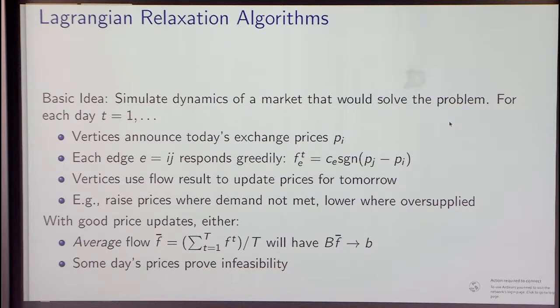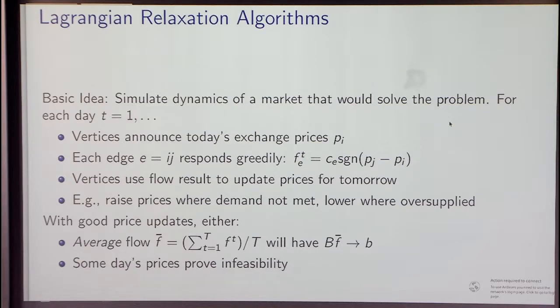Then the vertices in response are going to use those flow results, or actually they don't need to know the actual flow, they just need to know how much they bought and sold. They're going to use those to update the prices for tomorrow, and they're going to do what you would expect. So in particular, if there are vertices where the demand was not quite met, they're going to raise the prices there.